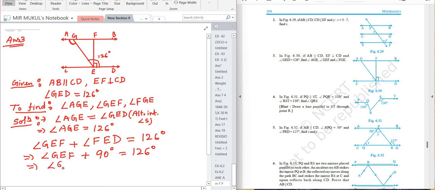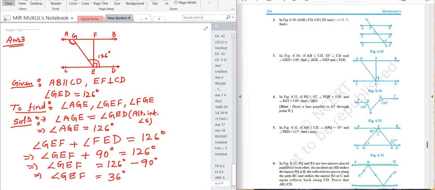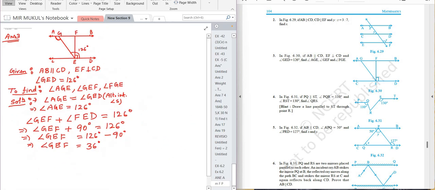So angle GEF we are getting 126 degrees minus 90 degrees. So angle GEF, if you subtract this, how much will you get? 36. 36. Check answer. Okay, sir. Is it 36 or not?